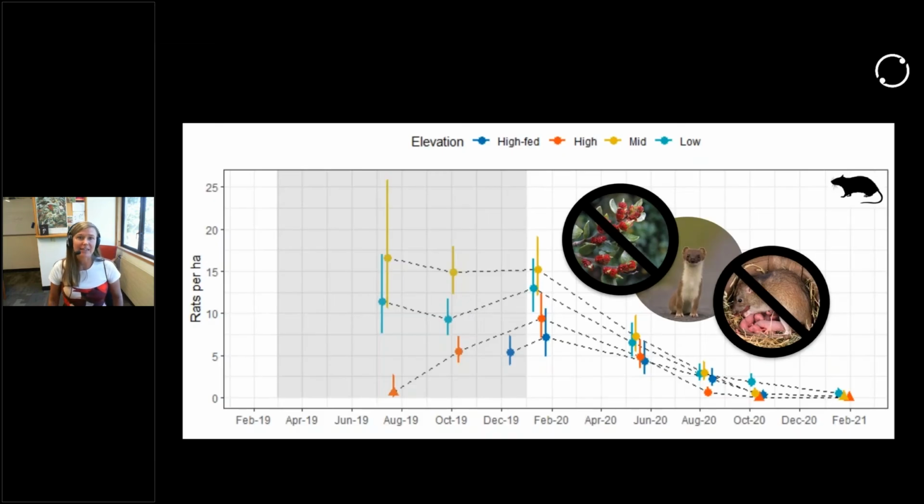So to bring all these factors together into one graph, what we get is a fantastic breeding year for the rats initially in response to the beech seed fall. They reach these really high densities just as the beech seed starts to germinate and run out. And so they've massively shot through the ceiling of the regular carrying capacity of these sites, and probably density dependent mechanisms kick in which stop them breeding and recruiting.